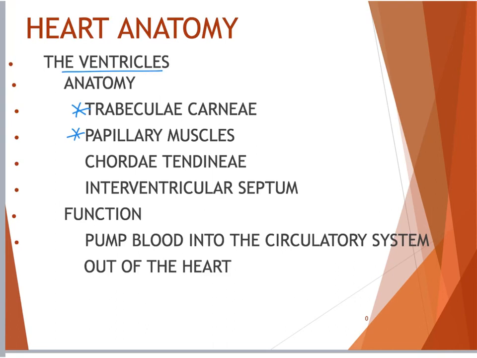The word papilla, every time we see that in anatomy, you're going to think nipple or cone shape. And these papillary muscles are cone-shaped muscles that arise from the trabeculae carneae, and then they are going to attach to our next structure here called chordae tendineae, and they play an important role in heart valve function.